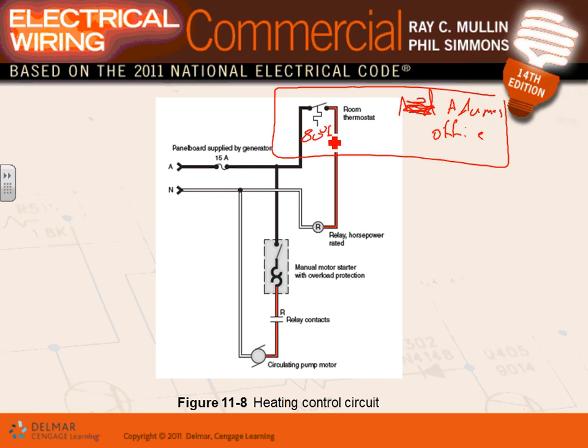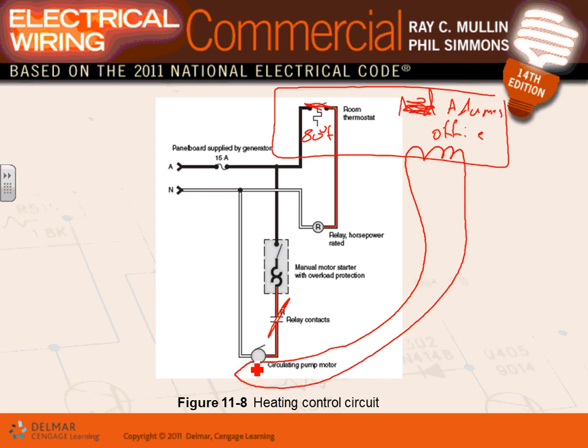So when it kicks in, it closes this contact, this relay will energize and close this contact. Now the circulating pump starts taking water all the way to Adam's office. Can you guys see that? The hot water.